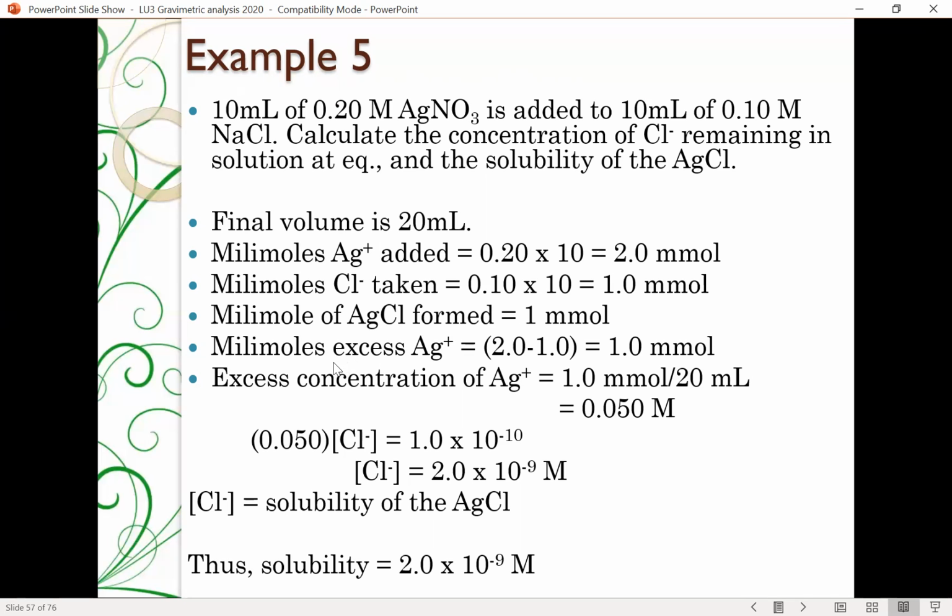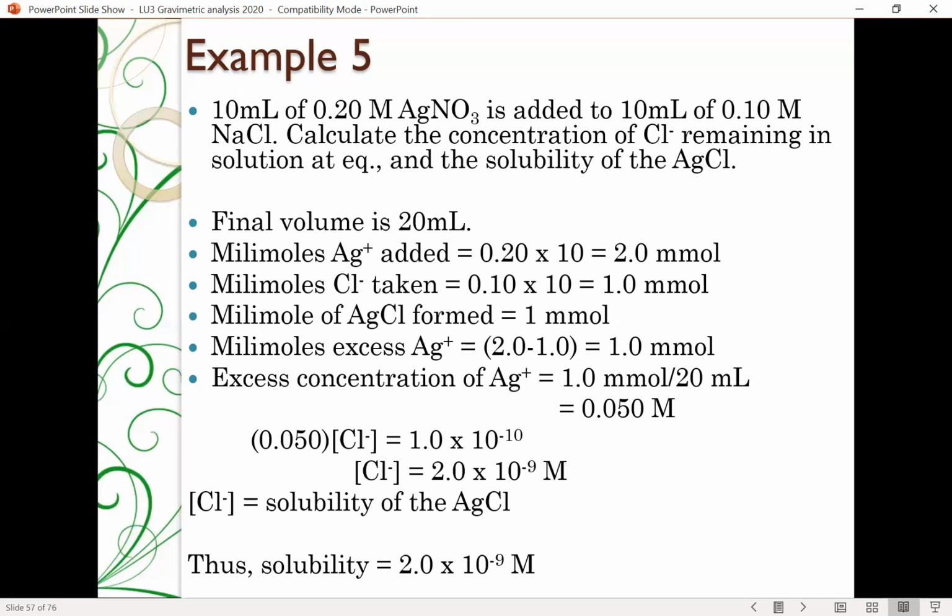So we calculate the millimole of excess Ag+. So we have 2 millimole minus 1 millimole, 2 millimole from Ag+ added and 1 millimole from chloride taken. So 2 minus 1 is 1 millimole.